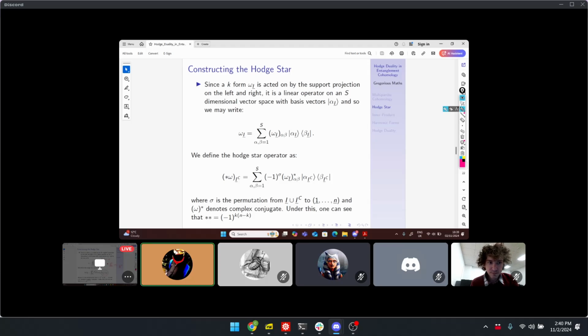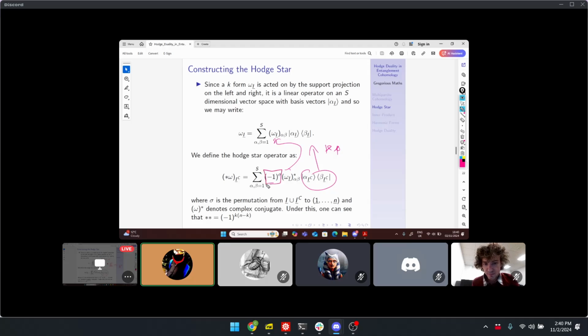And we can also see that if we do the Hodge Star twice, these guys are going to return to those guys. The complex conjugate of the complex conjugate just returns us back to here.